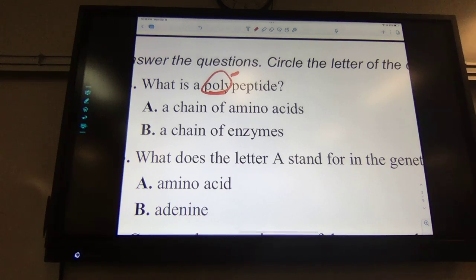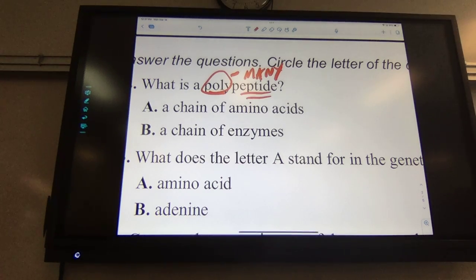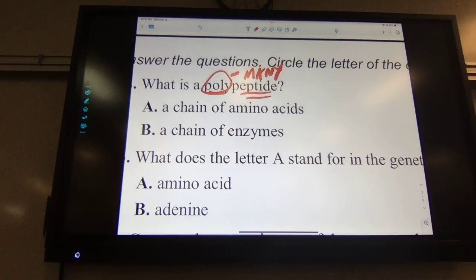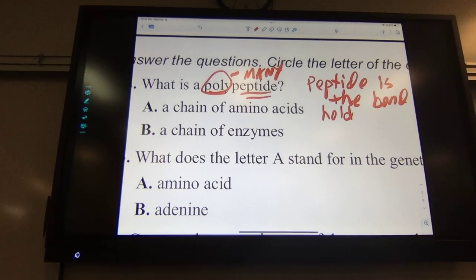So I'm going to define, what does poly mean? Poly means many. And I'll define what a peptide is for you. A peptide is the bond that holds amino acids together.